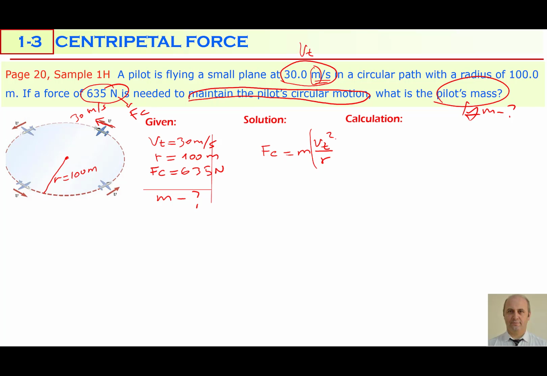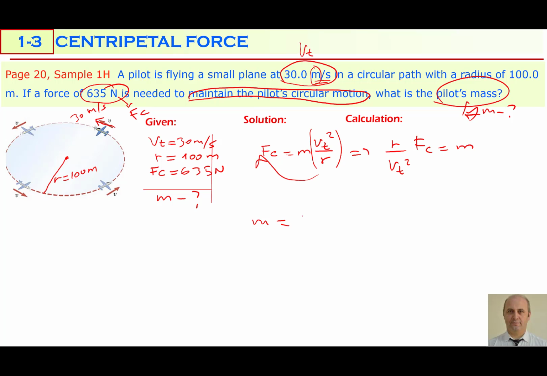One quick way is this ratio, Vt squared over r. It's on the right side of the equation, and if you take it to the left side, it will flip. R over Vt squared multiplied by Fc is equal to mass, or you can use cross multiplication. So this is how we calculate the mass.